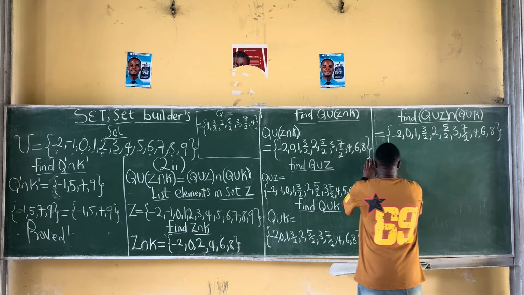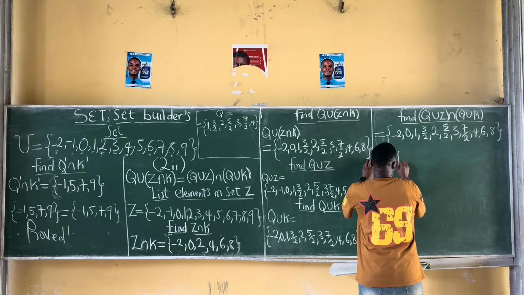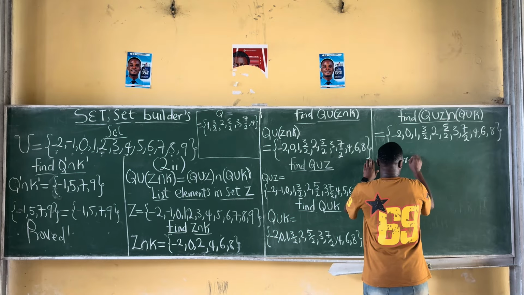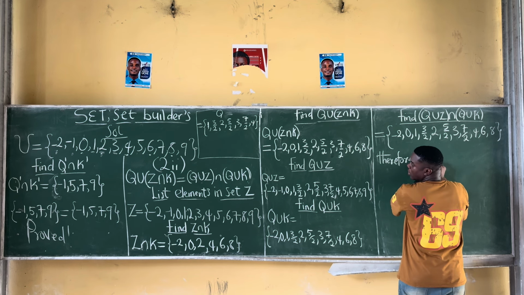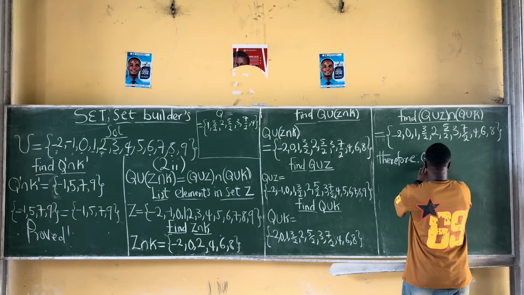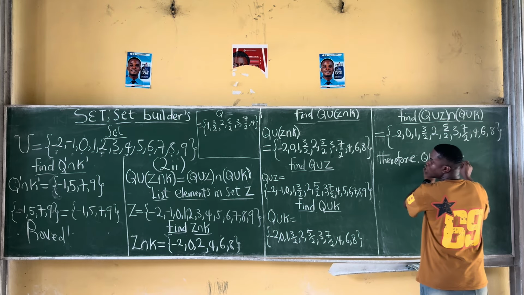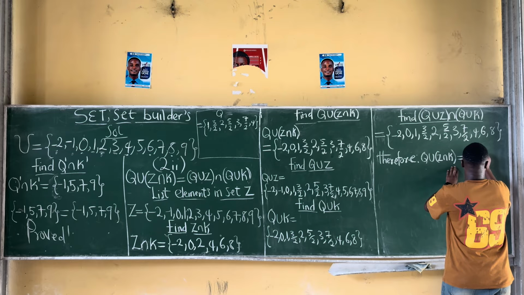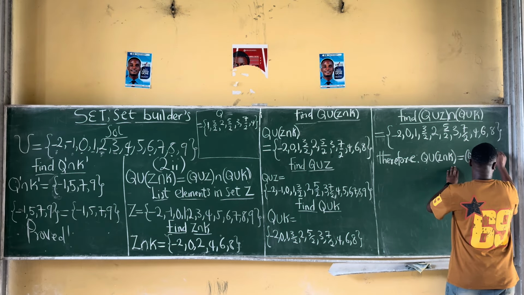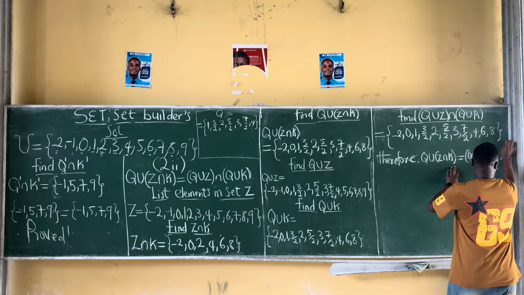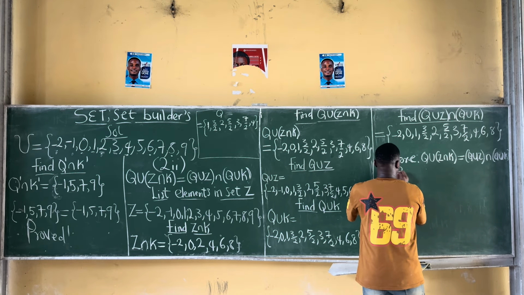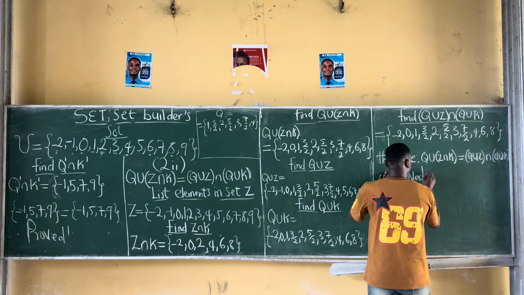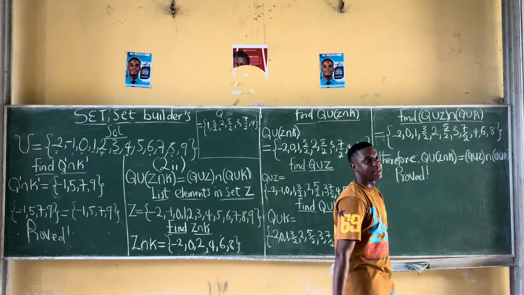So we can say therefore Q union Z intersection K is equal to Q union Z intersection Q union K. So it is proved. And that is our final answer.